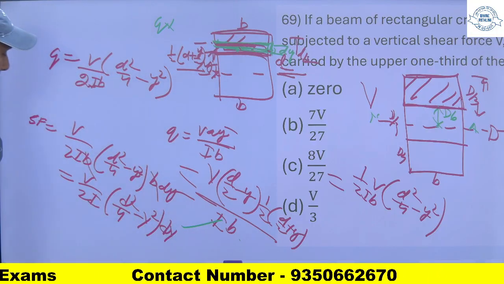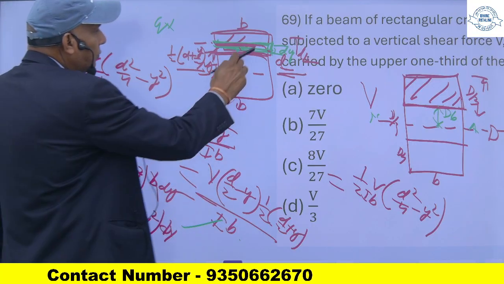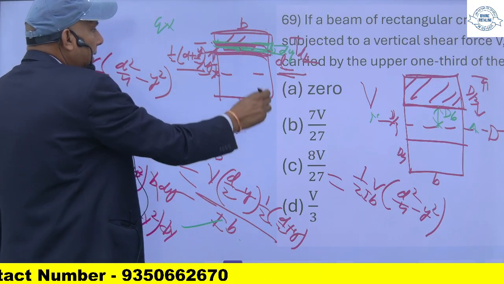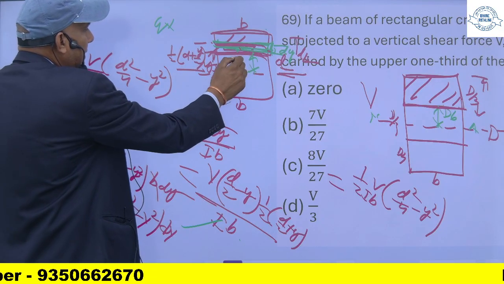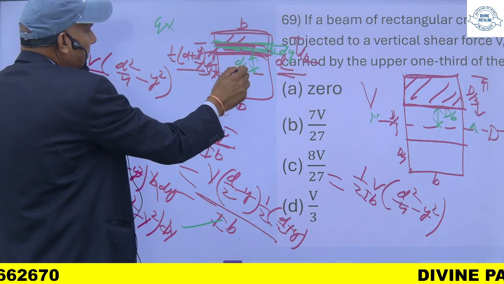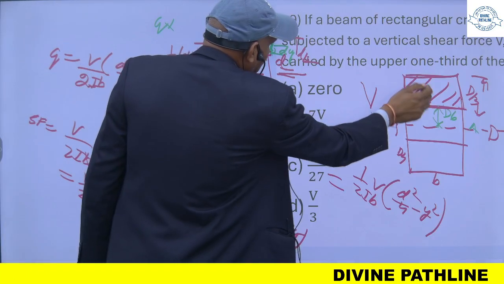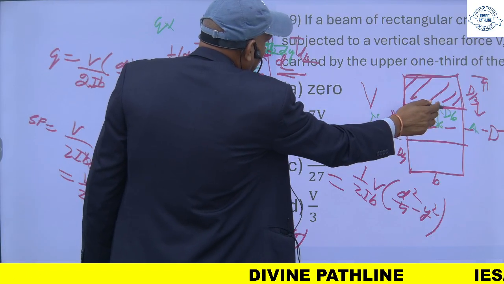Now if I integrate it from here to here, this distance is D by 3, so it goes from D by 6 to D by 2.